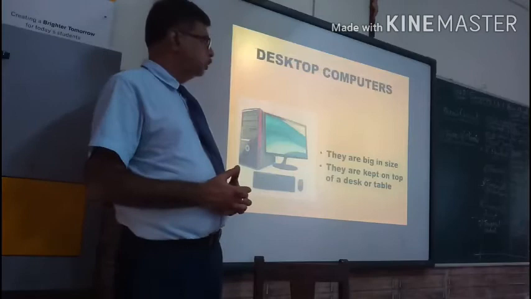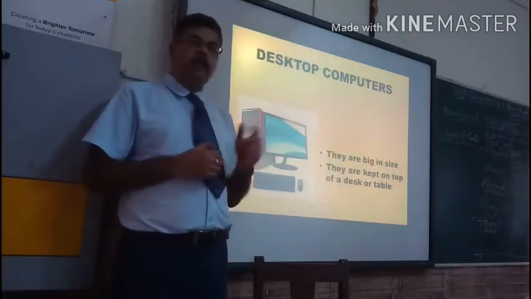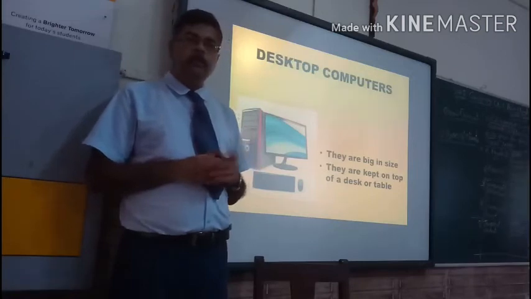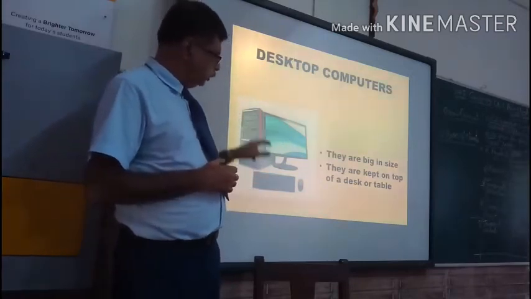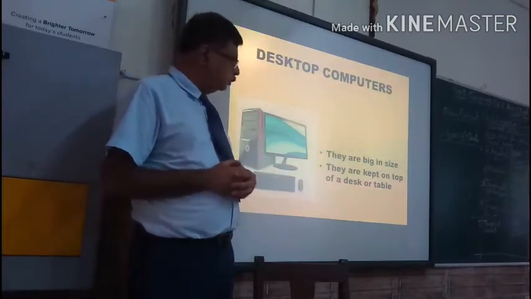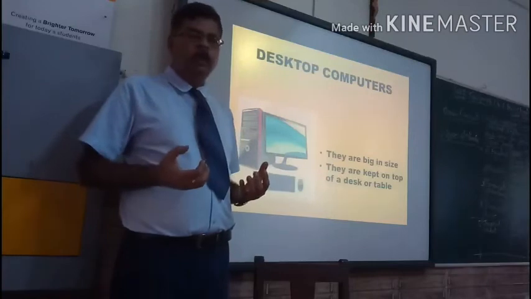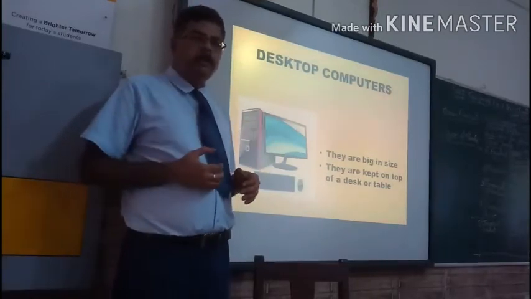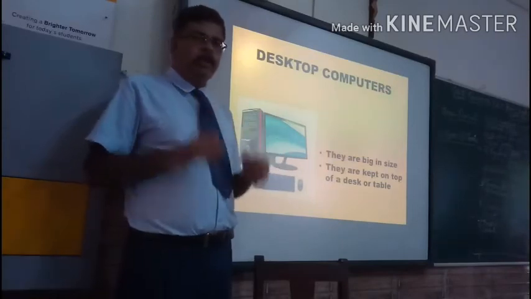Desktop computers, they are very big in size. These are the sort of computers we have in our computer room. You may be having one in your house also. It has this monitor, CPU, keyboard, mouse. You cannot keep them on your lap. They are a little big, so you have to keep them on a table or desk.